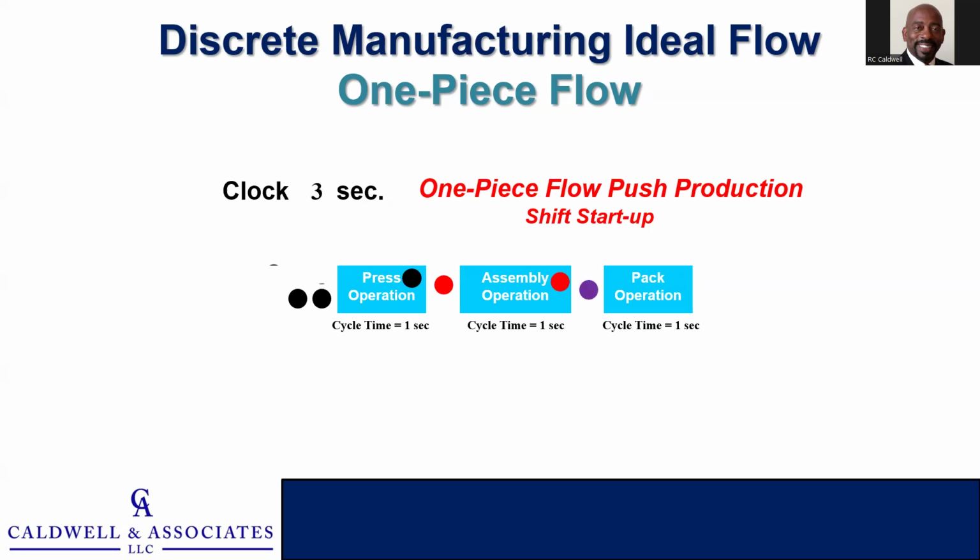At 3, we got 1 coming out of assembly. At 4, we got 1 in pack now, and at 5, we got 1 coming out. Now that is our lead time, okay? So 5 seconds, we can get through this system. Let's click through and see, at 10 seconds, we have 6 parts.